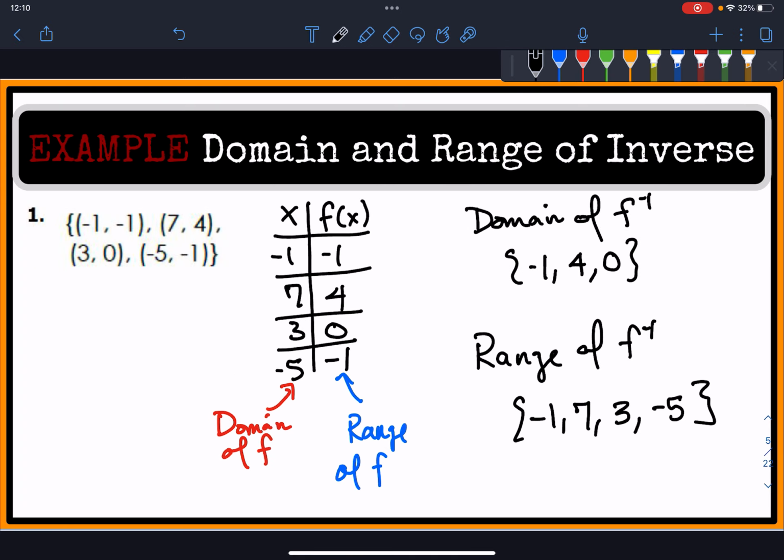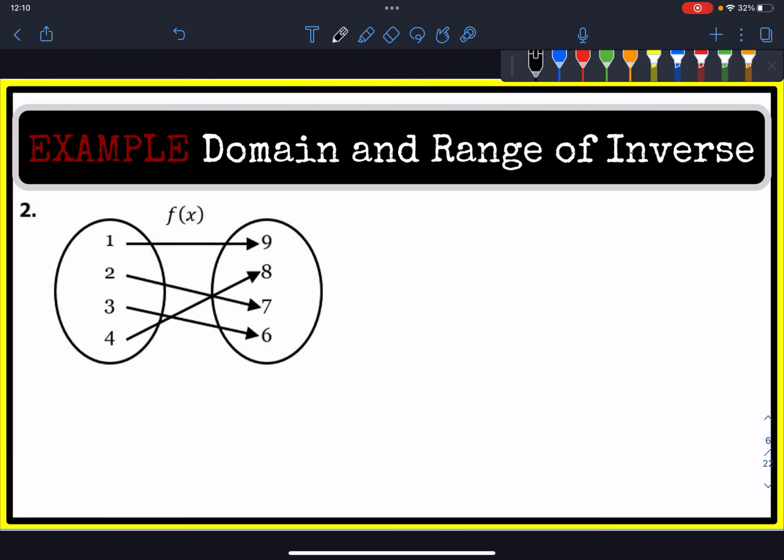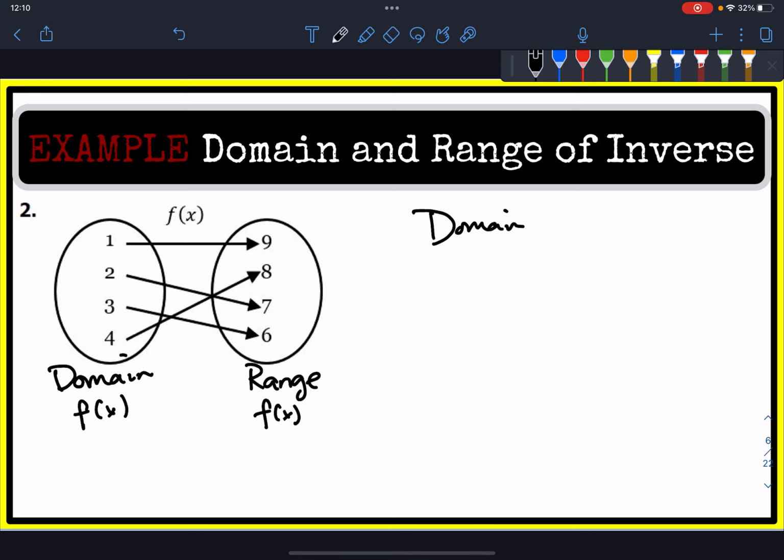Let's look at another example. Here we have a function where we're mapping 1 to 9, 2 to 7, 3 to 6, and 4 to 8. Since this is the domain for f of x, and this is the range for f of x, the domain for the inverse of this function will simply be the range.